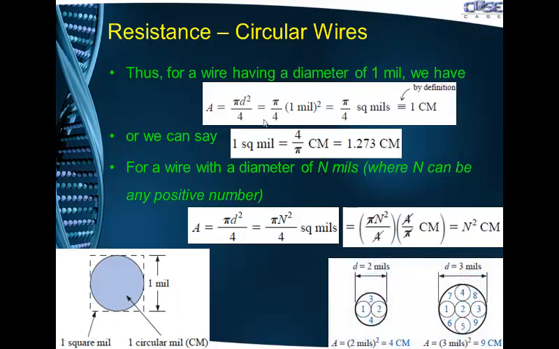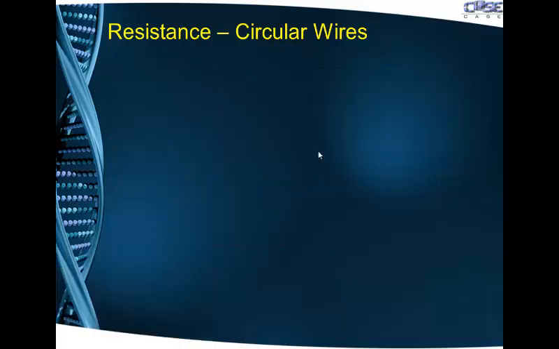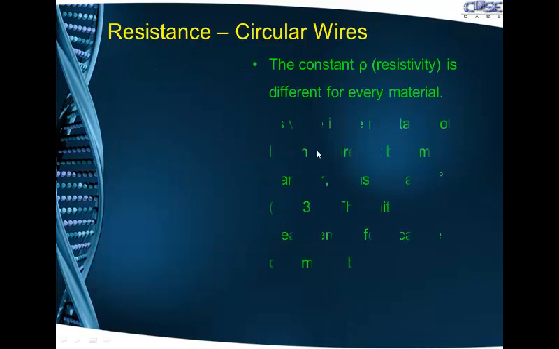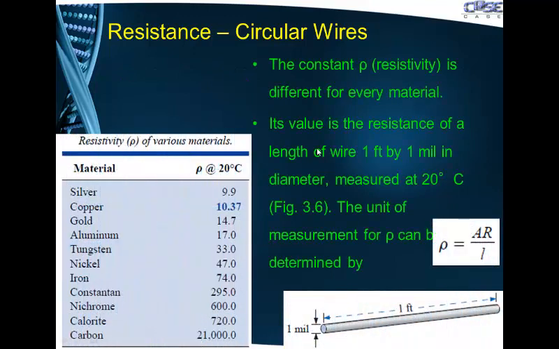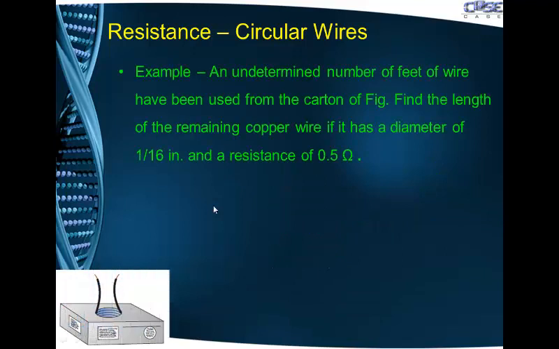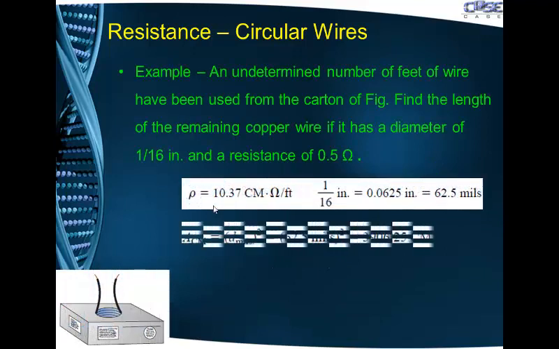Last time we saw the relationship between square mil and circular mil. So 1 square mil is equal to pi/4 circular mils. The resistivity of different materials is specified in this table. You can compare the resistivity of different materials with reference to copper. This is an example we covered last time.